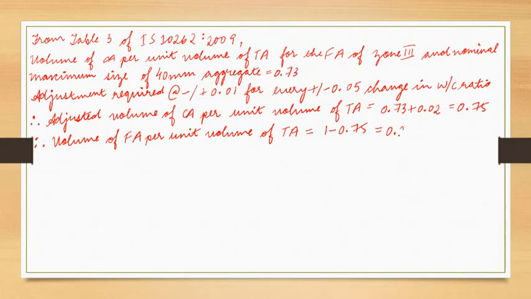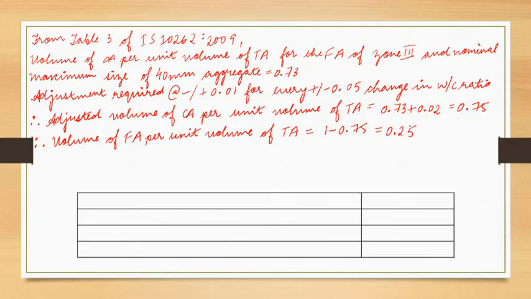So we get 0.25. So here we can write down water content. What did we get? 124 kg or liters.